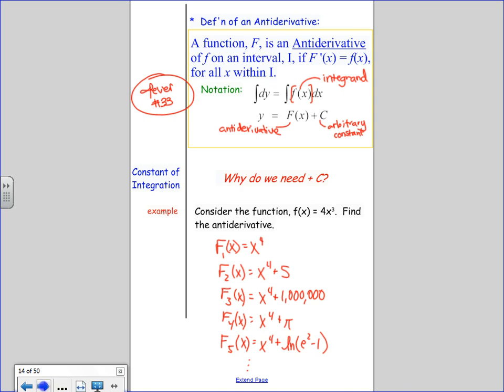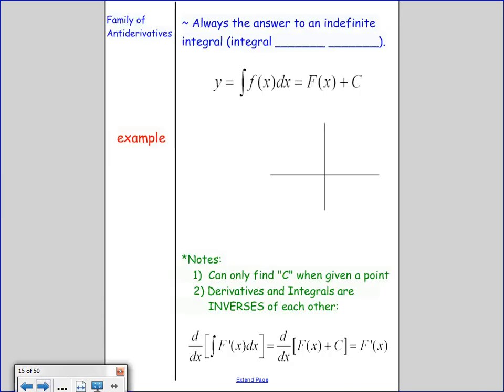So we call this whole family a family of antiderivatives, that have the exact same shape, but different intercepts, if they have intercepts, I guess I should say that. Different positions, but the exact same behavior. Why a family? Because we have the arbitrary or ambiguous constant, the constant of integration.